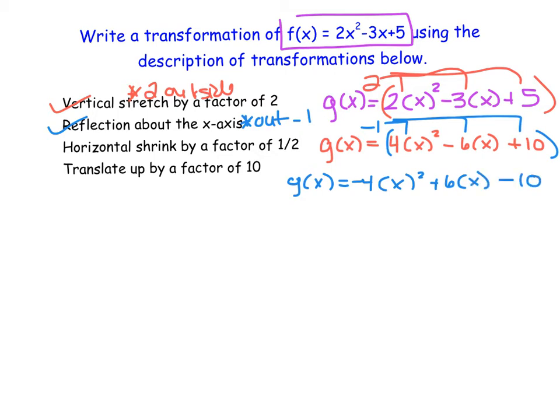So then from here we move on to the horizontal shrink by a factor of 2. Remember that our b value is equal to 1 over our factor, which we know just becomes the reciprocal of 2 over 1 or 2. So we're going to multiply the inside wherever x is by 2.